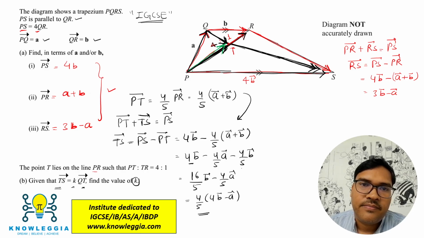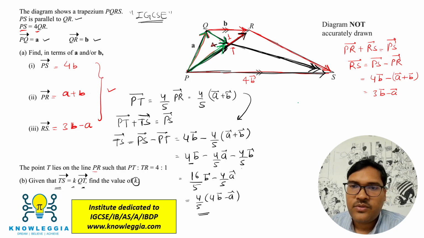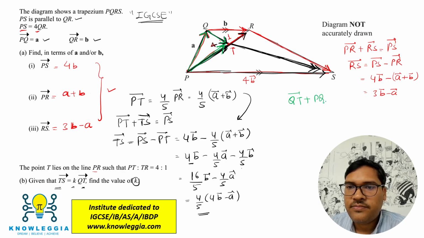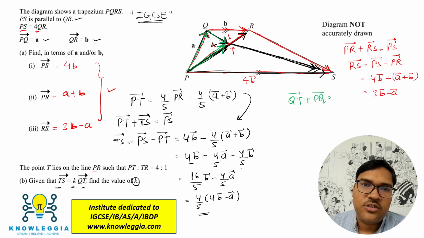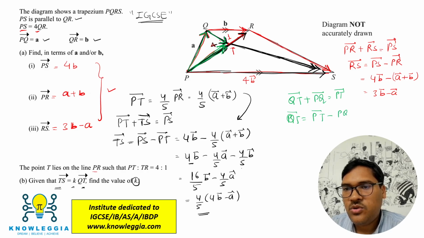This is our PT vector, this is our PQ vector, and this is our QT vector. PQ vector plus QT vector is PT vector. We have to find QT vector. This is equal to PT vector minus PQ vector.